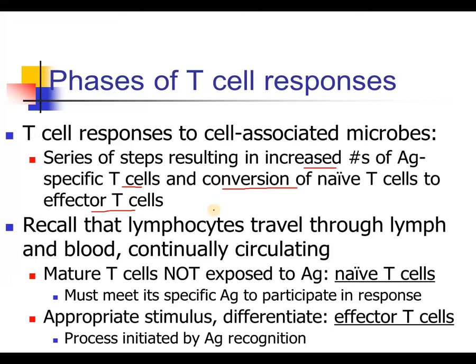And if they do get that appropriate MHC plus peptide antigen stimulus, they will differentiate, and then they will become effector T cells. And I will do my best to distinguish between the two, whether we have a naive but mature T cell or whether we have an effector T cell.